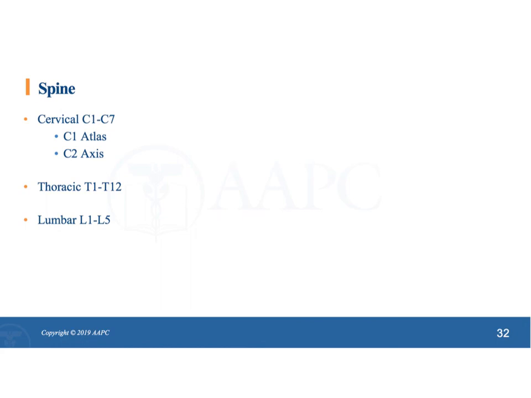For example, if a procedure was performed on C6 through T3, vertebrae involved include C6, C7, T1, T2, and T3. Overall, that is 5 vertebrae.